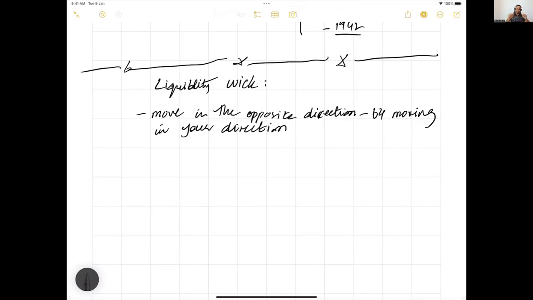So the bigger the pullback, let's say you have a bearish candle, the bigger the liquidity wick, there's a higher probability that there's going to be higher volume going in your correct direction. So if the liquidity wick is big, there's a higher probability price is going to move in your desired direction, wherever you think price is going to go.